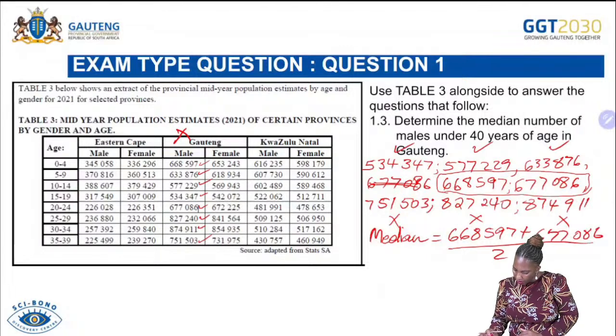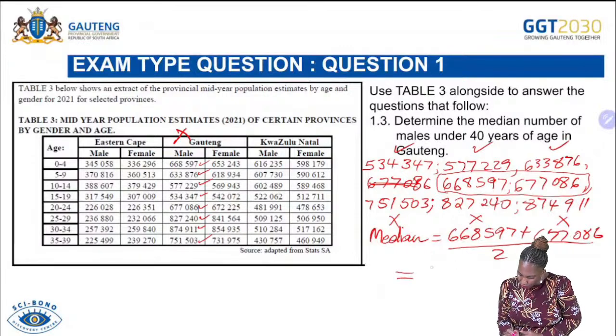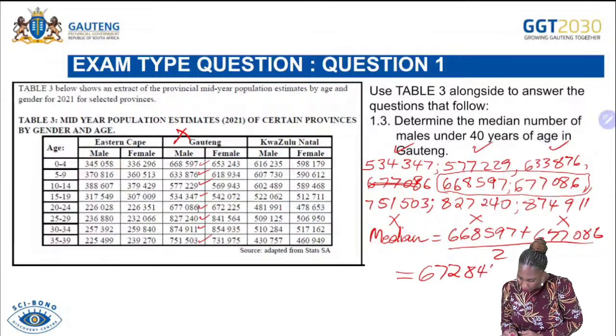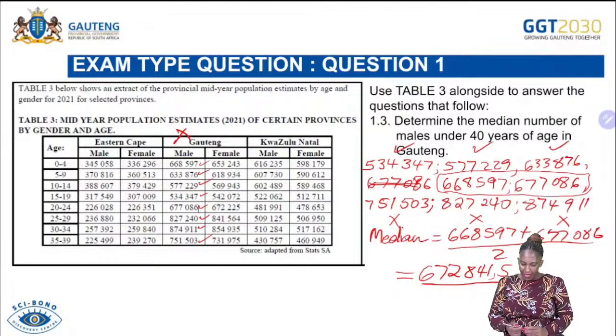As we divide the answer by 2, boys and girls, please show all your working calculations. It will be 672,841.5. This will be our median value.